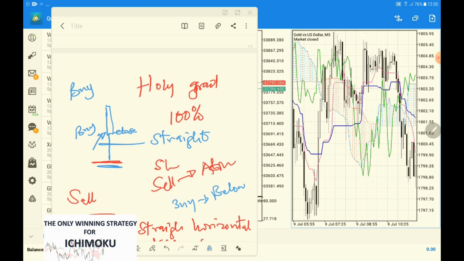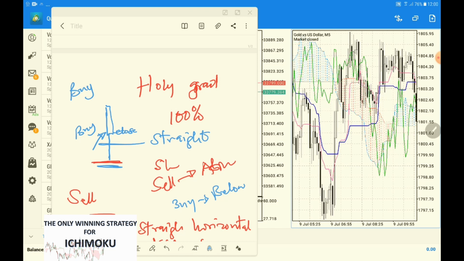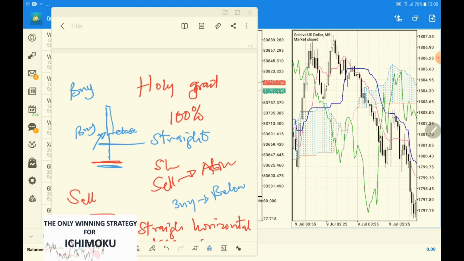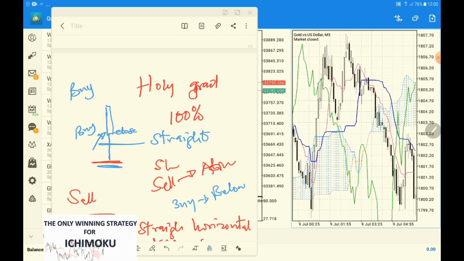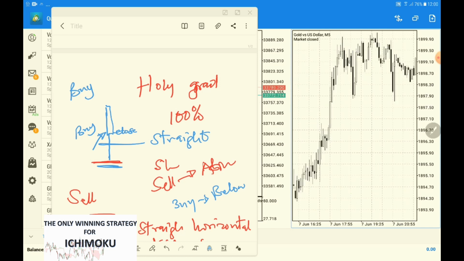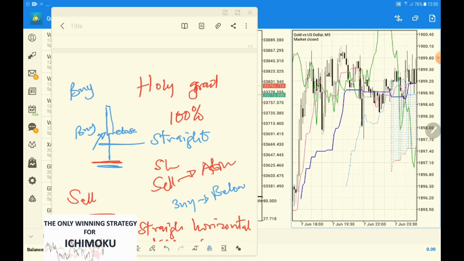And look at what happened. Price kept selling right to this point. That's a lot of profit. Let's look out for more examples like here. As you can see, price broke a straight horizontal Kijun-sen but closed below it. That's a sell signal. And look at what happened. Price kept selling.